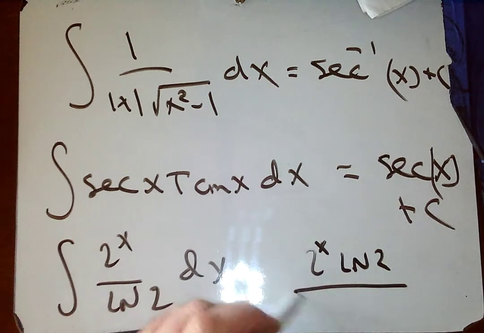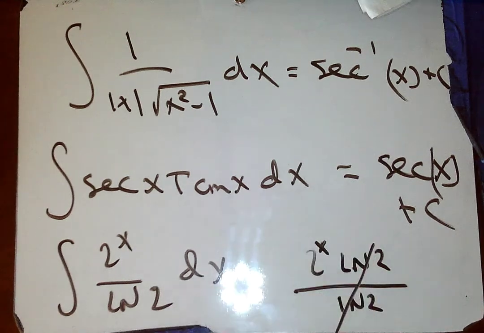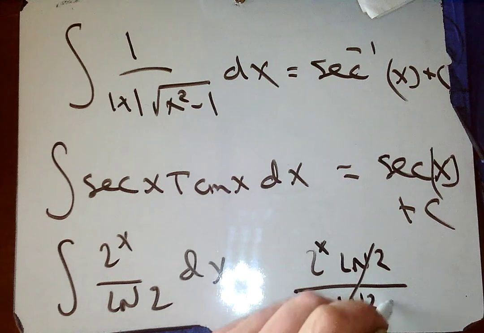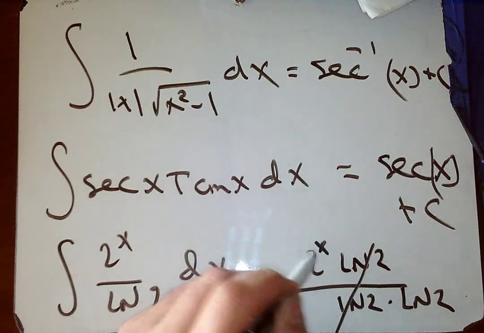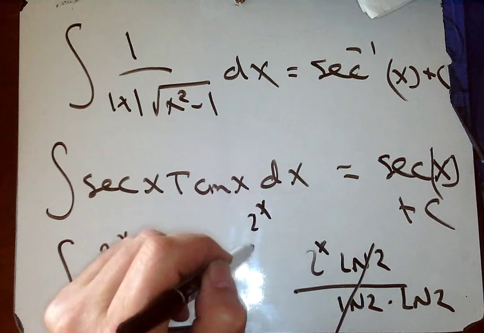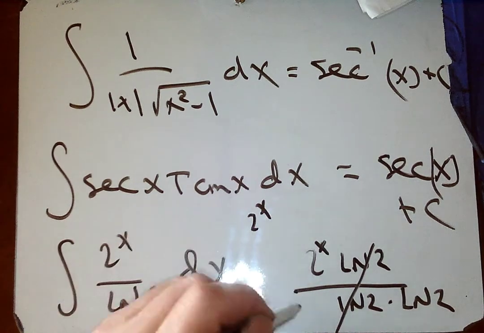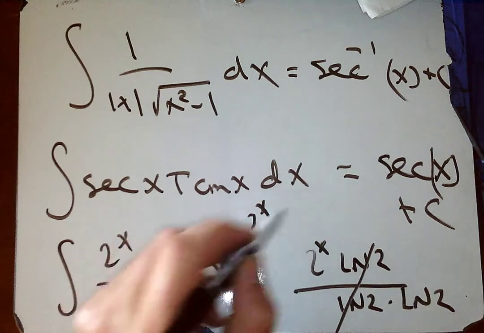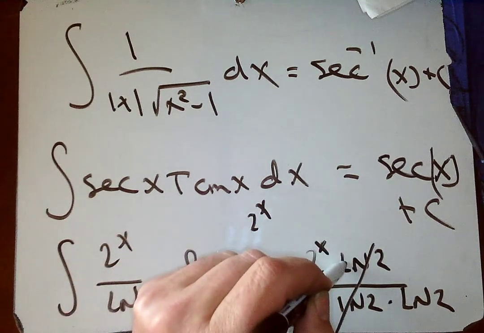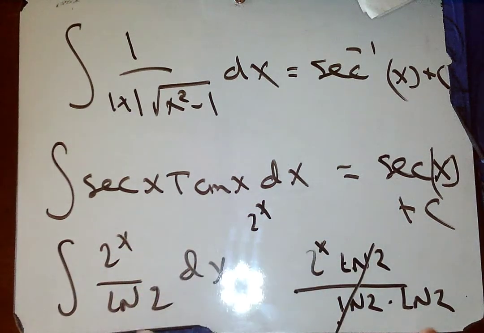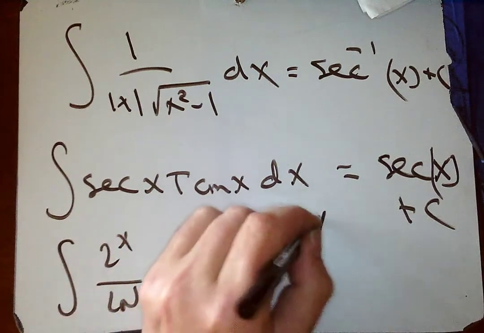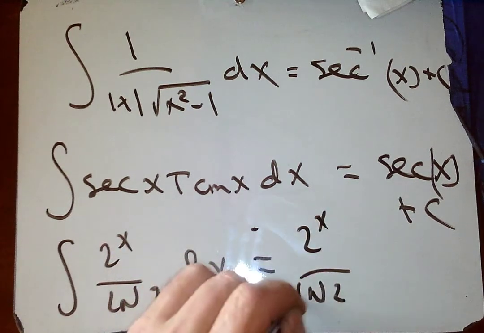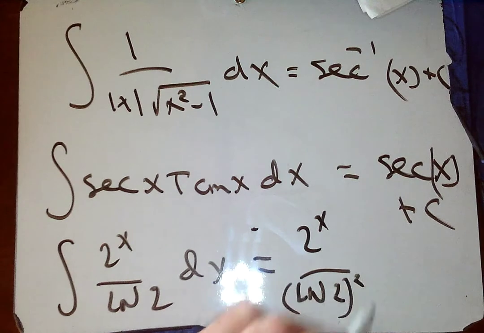So I would need to divide by ln of 2 to get rid of it from the top, but then I would need another one so that when I took the derivative of 2 to the x and that ln of 2 shows up, not only does it go away, but I have another one left over. So my original function has got to be 2 to the x over ln of 2 squared.